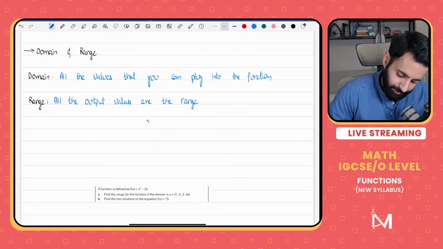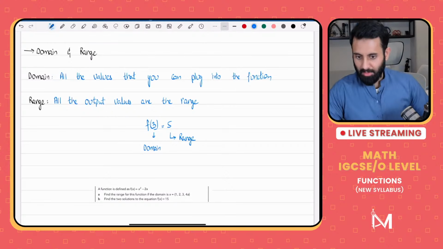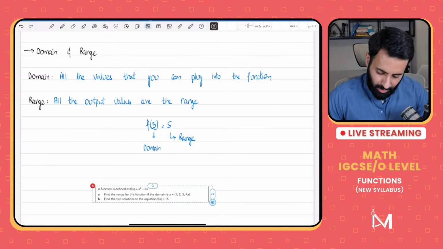For example, if f of 3 is equal to 5, that means 3 is the domain and 5 is the range.